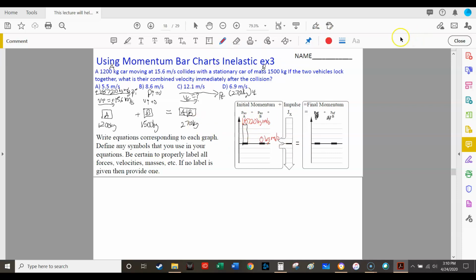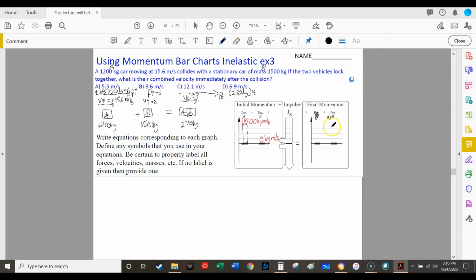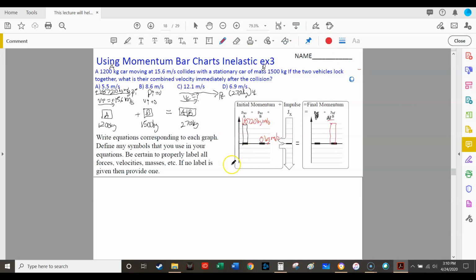Well, in the end, with the combined masses of these two, and this is the combined mass, A plus B, of both objects, that has to also have a final momentum that is equal to the total initial momentum. So the total initial momentum is a positive 18,720 kilogram meters per second total.